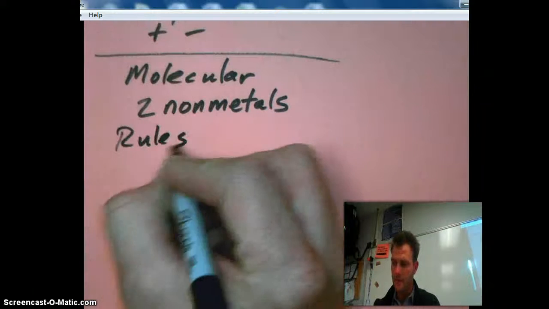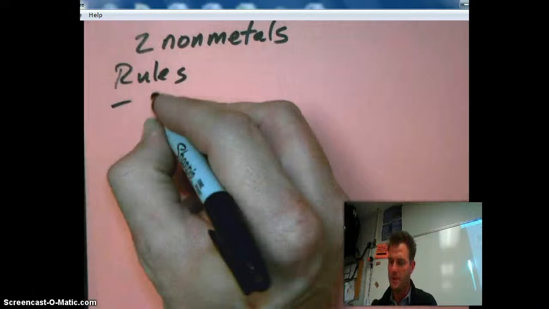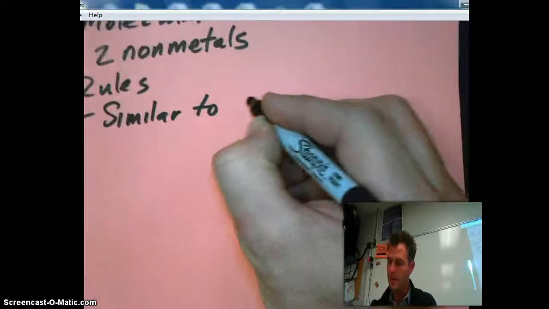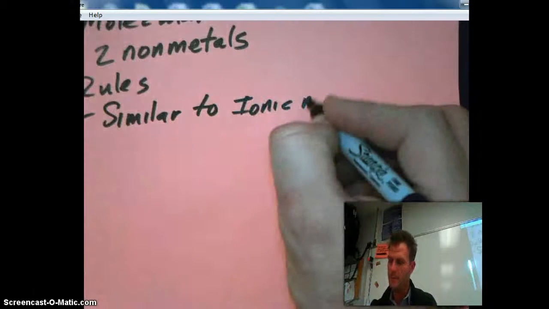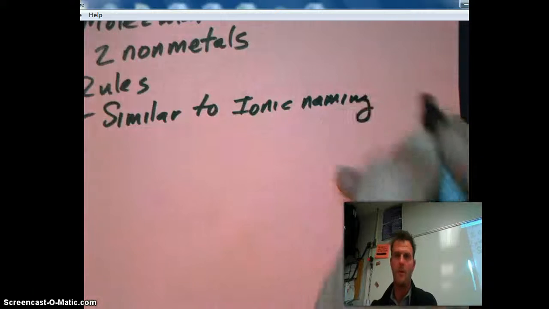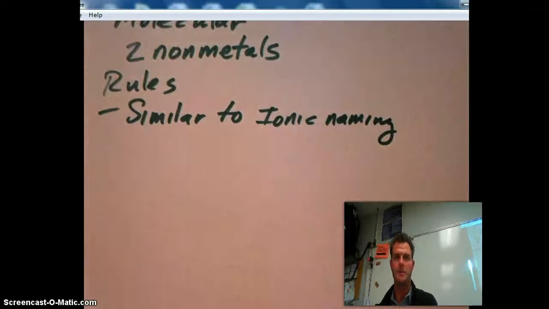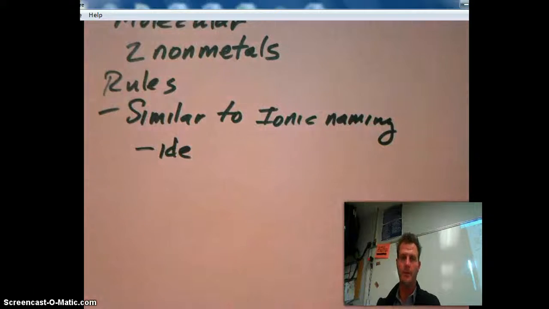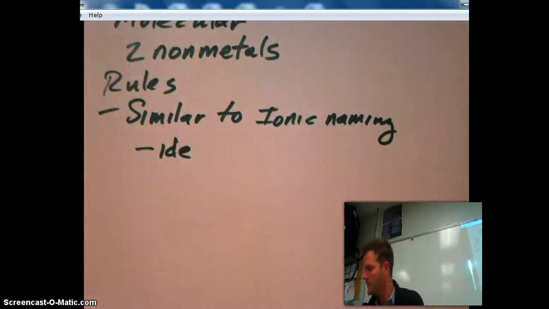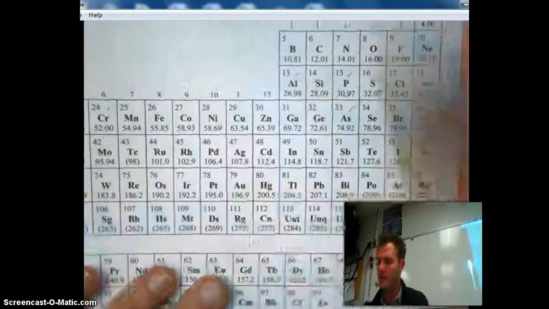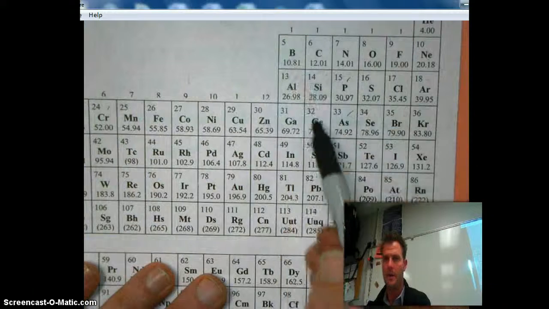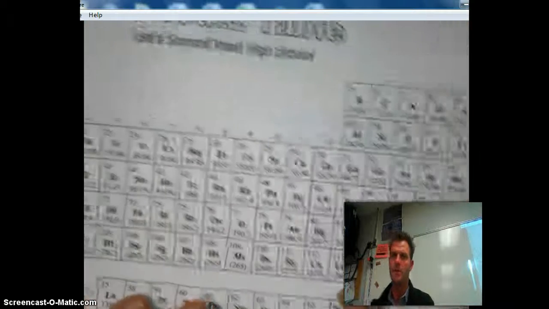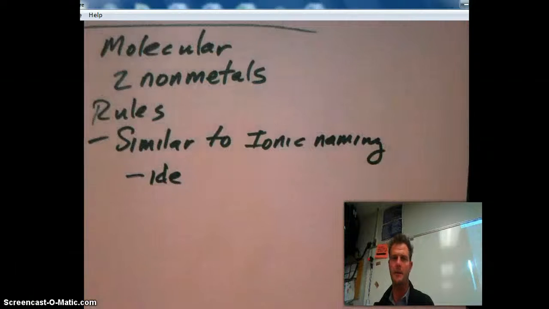The rules are going to be similar to ionic naming. If you think about it, all elements that come off the periodic table on the negative or the anion side are going to end in an IDE ending.